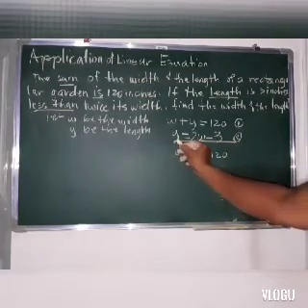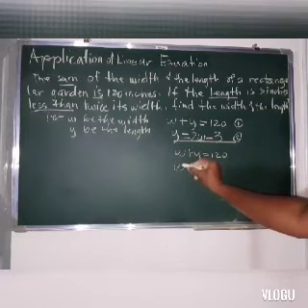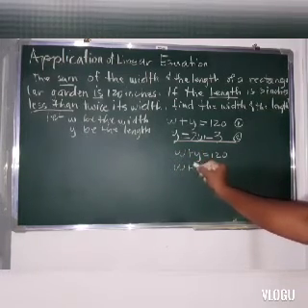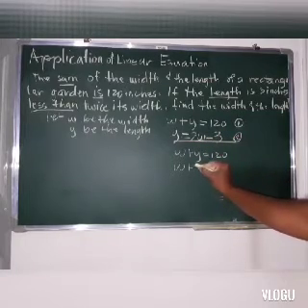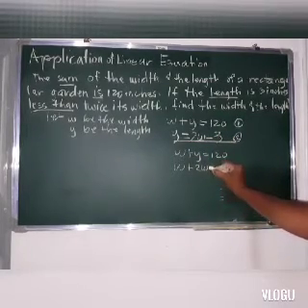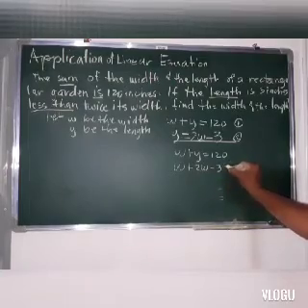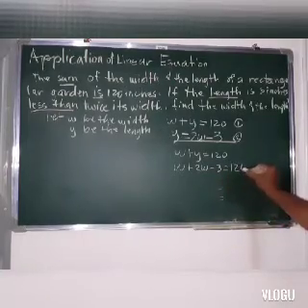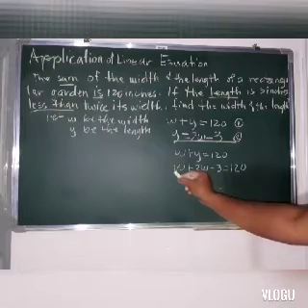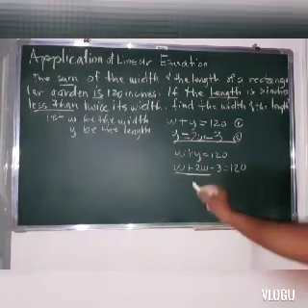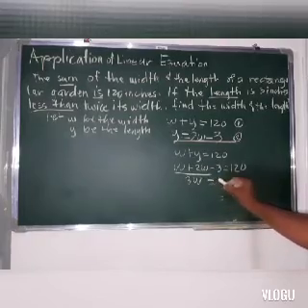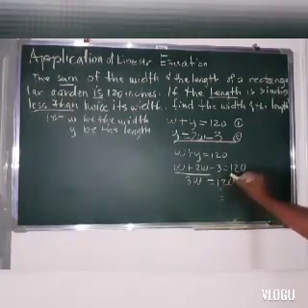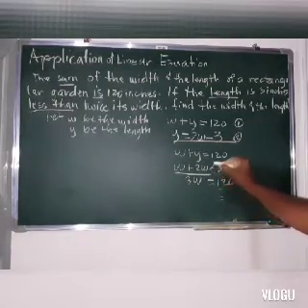So palitan natin si Y o i-substitute natin si Y with its equal value. So ang Y daw ay 2W minus 3. So 2W minus 3 is equal to 120. So 2W plus W is equal to 3W is equal to 120. Of course, meron tayong negative 3 dito.